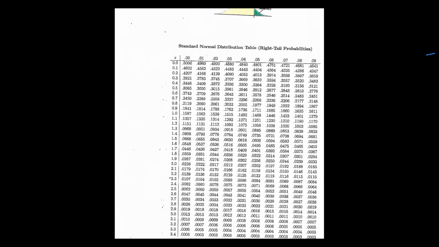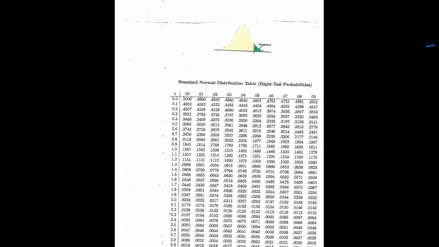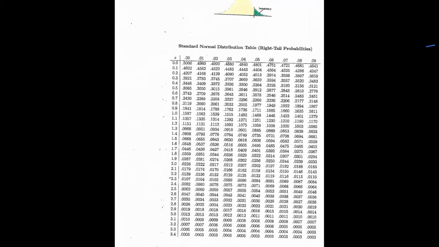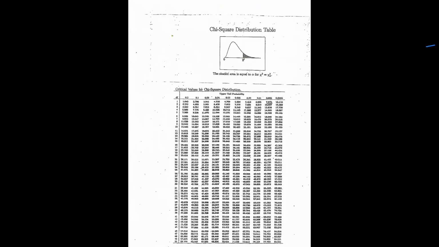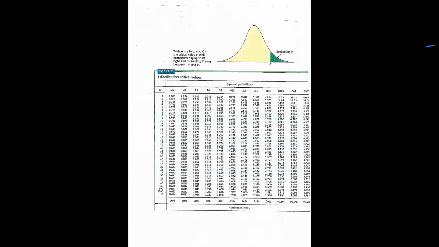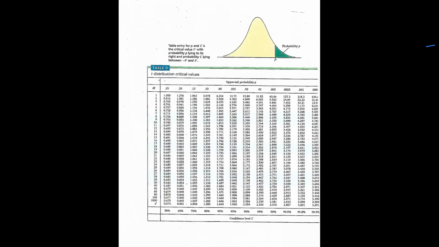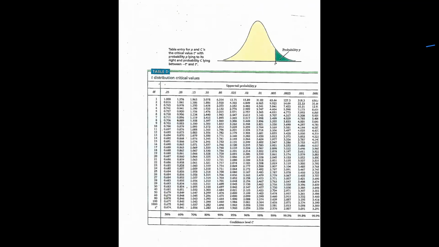You are supposed to use the standard normal distribution table. Let's check. This is the chi-square table. Then this is the t distribution table, the last table. This one is the t distribution.